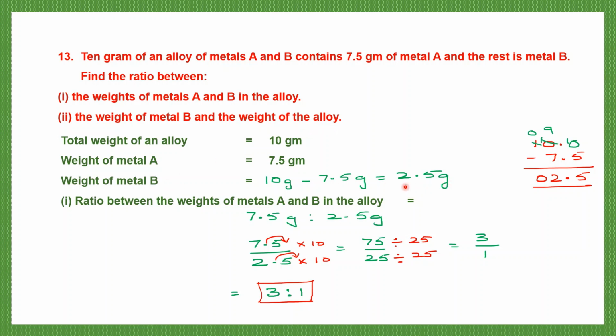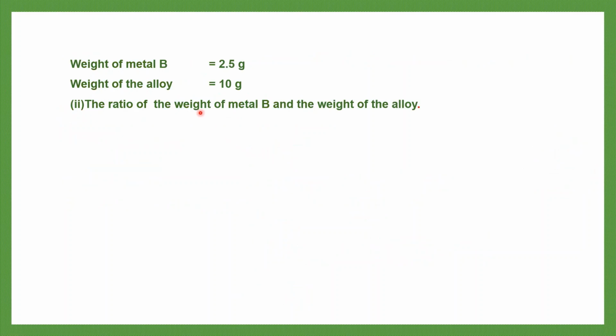Weight of metal B is 2.5, weight of the alloy is 10. So weight of metal B we know, weight of the alloy we know. Now we have to find the ratio. So here it will be metal B is 2.5 grams is to weight of the alloy is 10 grams. So let's put this in the form of a fraction. So 2.5 by 10.